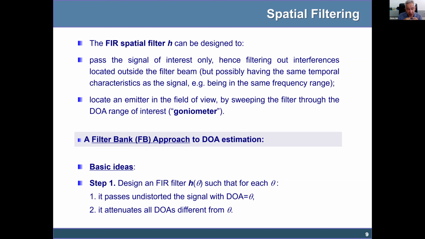So the spatial filter is always an FIR filter, always. So the problem is how to design the filter H in order to allow only the signal of interest coming from a specific direction to pass, and at the same time filtering out as much as possible all the disturbance, all the interferences coming from different angles.